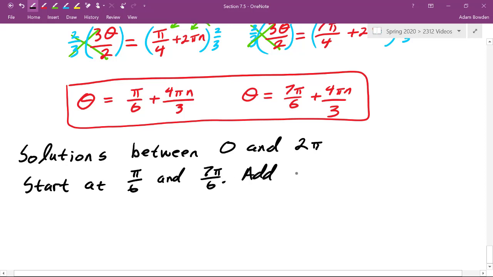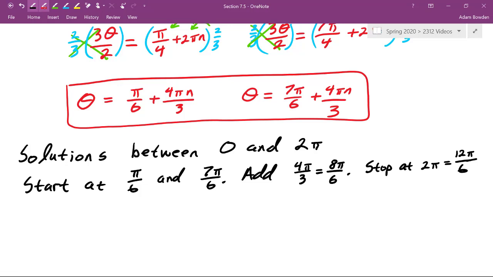To that we're going to add the 4 pi over 3, with a common denominator that would look like 8 pi over 6. And we're going to stop at 2 pi, with a common denominator that would look like 12 pi over 6. So we're not going to go beyond that to list out the solutions.